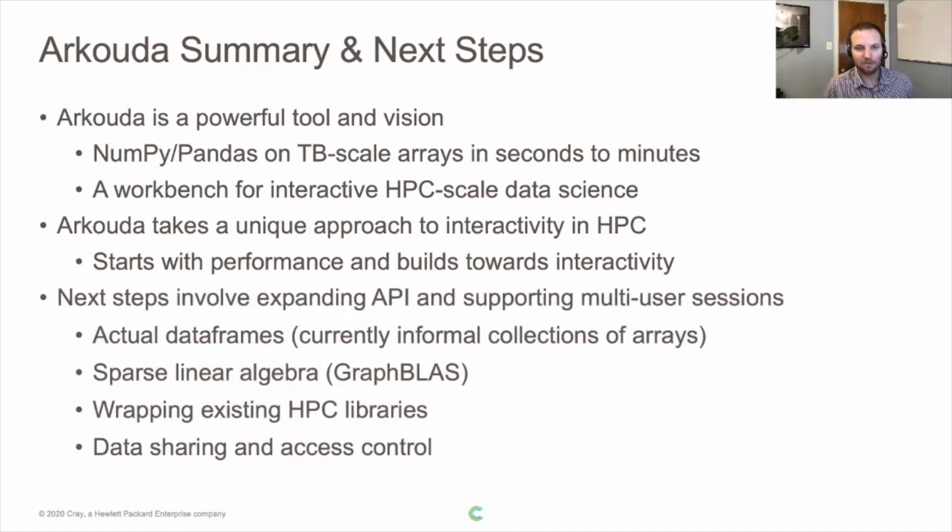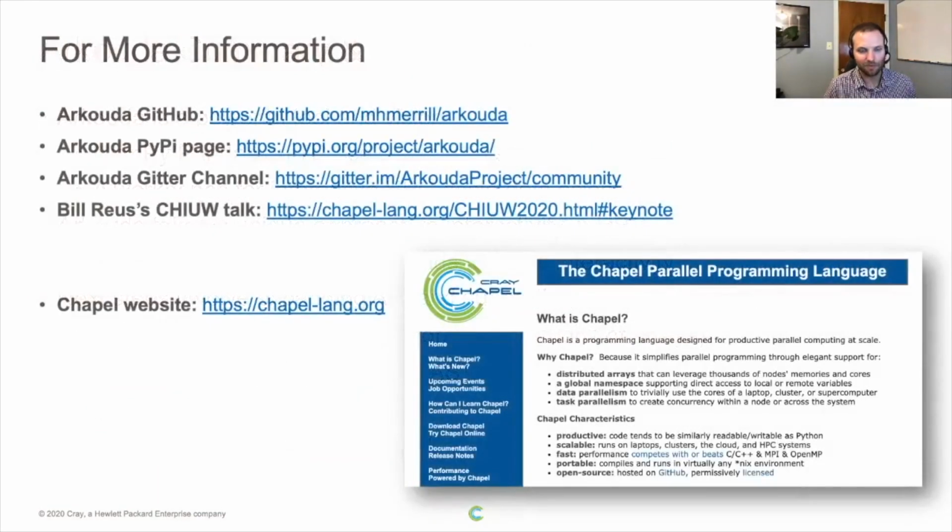And the next steps involve expanding the API to support things like actual data frames, sparse linear algebra libraries, and wrapping existing HPC libraries. And we'd also like to support multi-user sessions such as data sharing and access control.